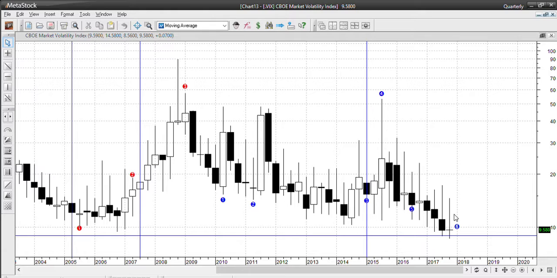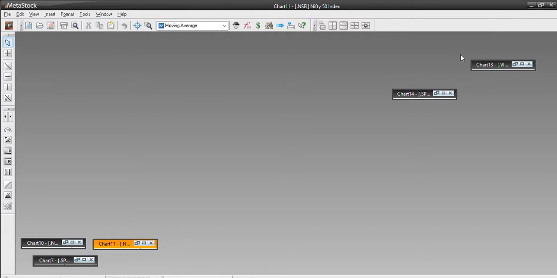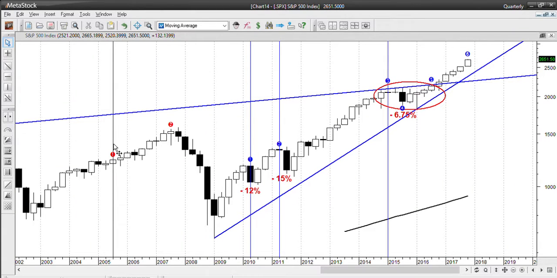There's been enough time going down, and this doji generally means a reversal. Now I just want to show you these red dots 1, 2 and 3, what they mean. Let's focus on this red one. Point number 1 is September quarter 2005, and at the same point we were here.